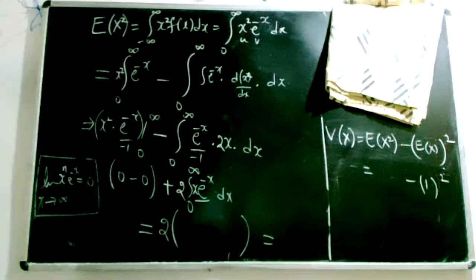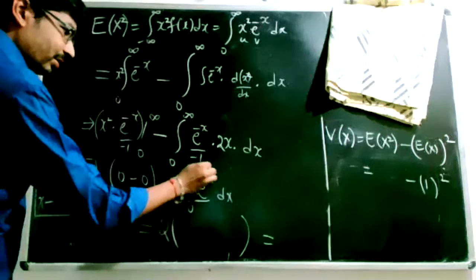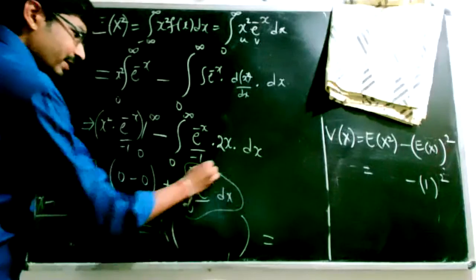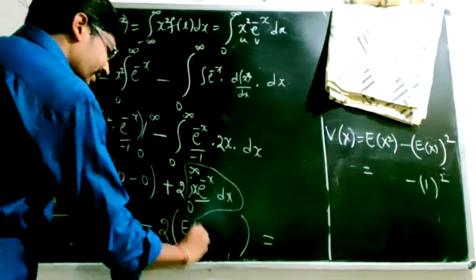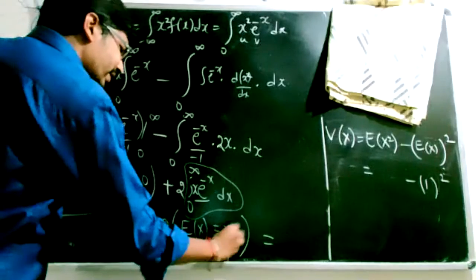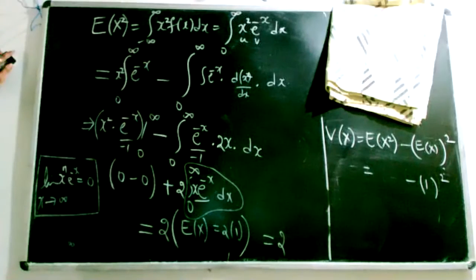Sir, 2. Because look here, this is nothing but your E of x only. Integration of x into e power minus x is nothing but E of x. So you could just write this as 2 into E of x, which is 2 into 1. You have already evaluated it, so you can give the answer that easily.